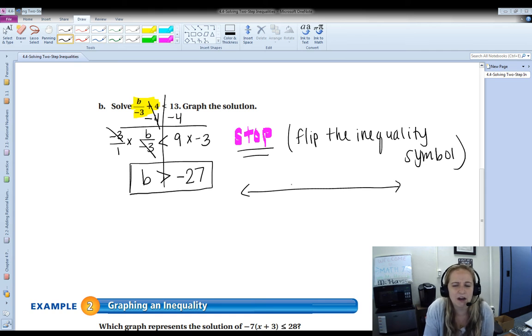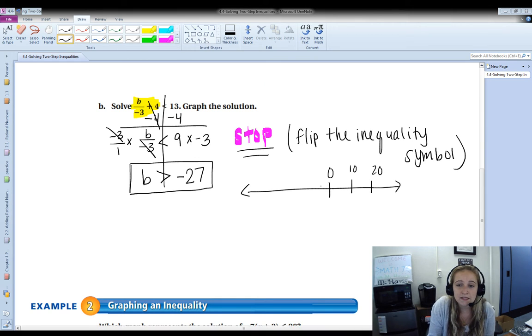And I'm going to count by different numbers just because this is a bigger number. So I'm going to go 0, and I'm going to do 10, 20, and -10, -20, -30. And I'm just going to write the point right here, okay? So at -27. Now I need to decide, do I need to fill in the circle or do I leave it open?